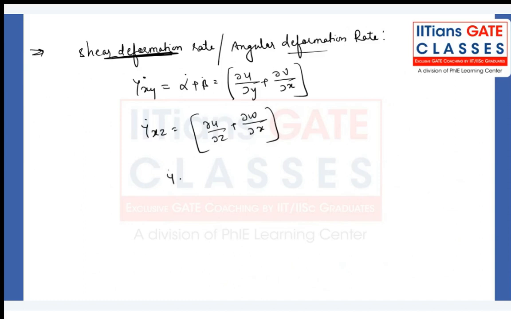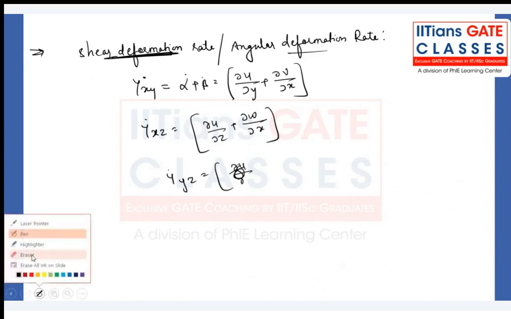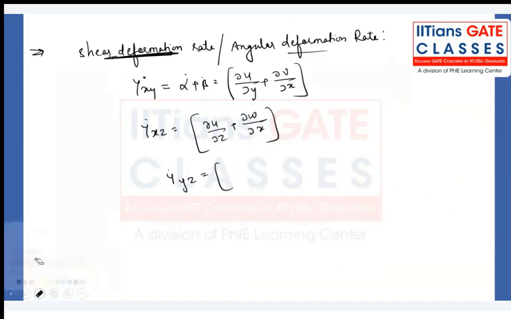Gamma yz will be, sorry, because sometimes when you follow the NPTEL assignment, you will find deformation rate, sometimes you will find strain rate. So to avoid that confusion, please make a note of it. Dou v by dou z plus dou omega by dou y.